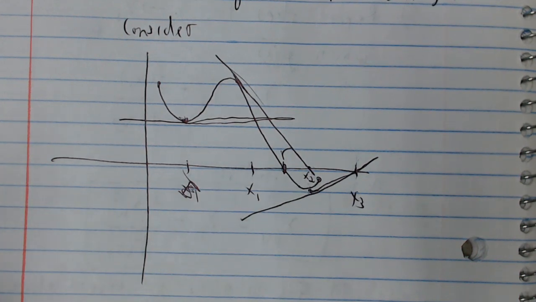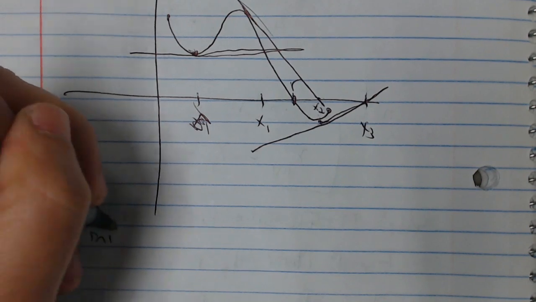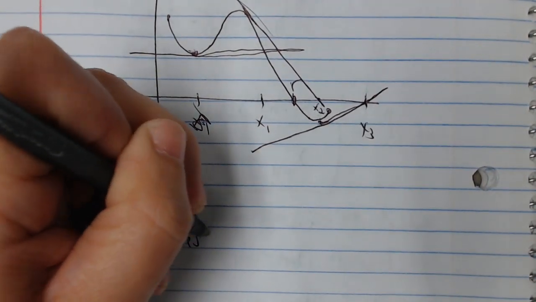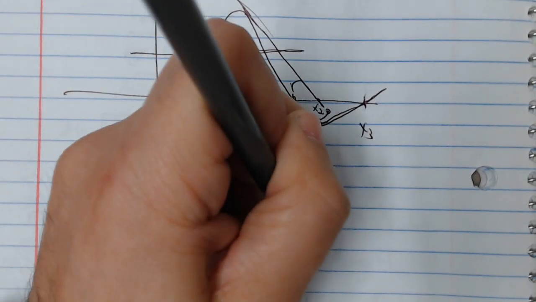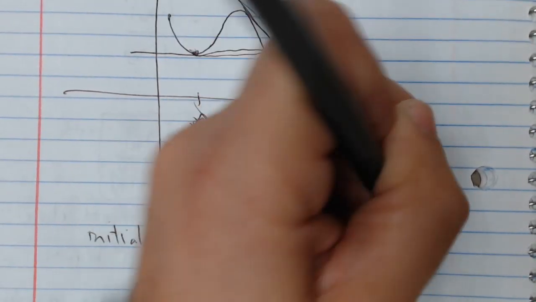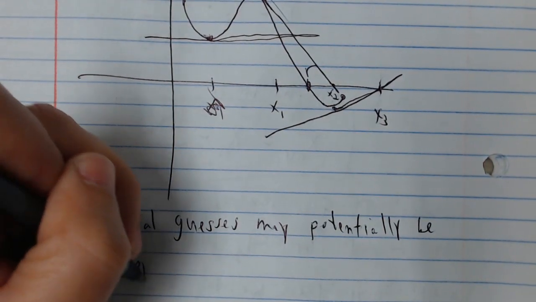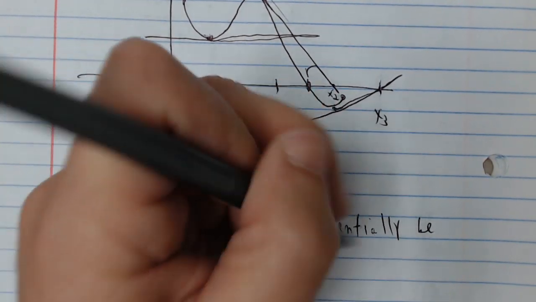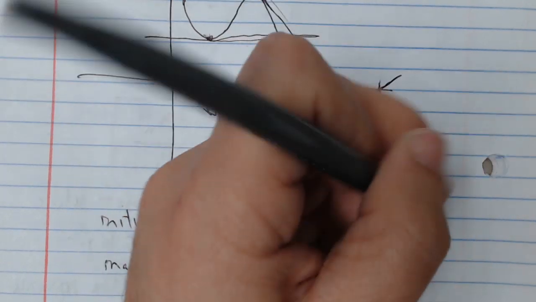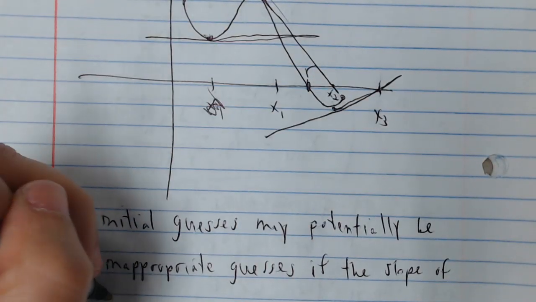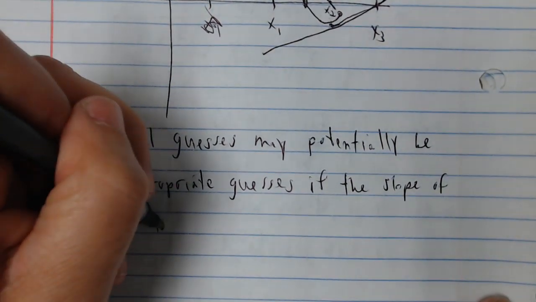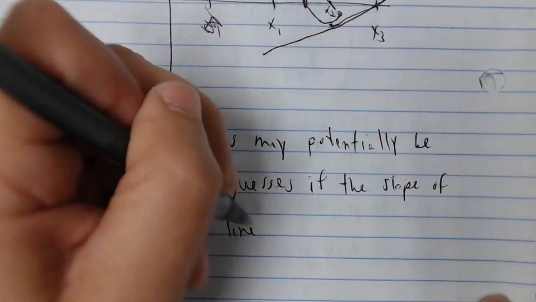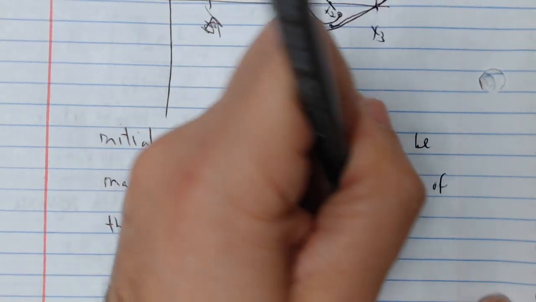So usually, one comment I'll make is that initial guesses may potentially be inappropriate guesses if the slope of the tangent is close to 0.